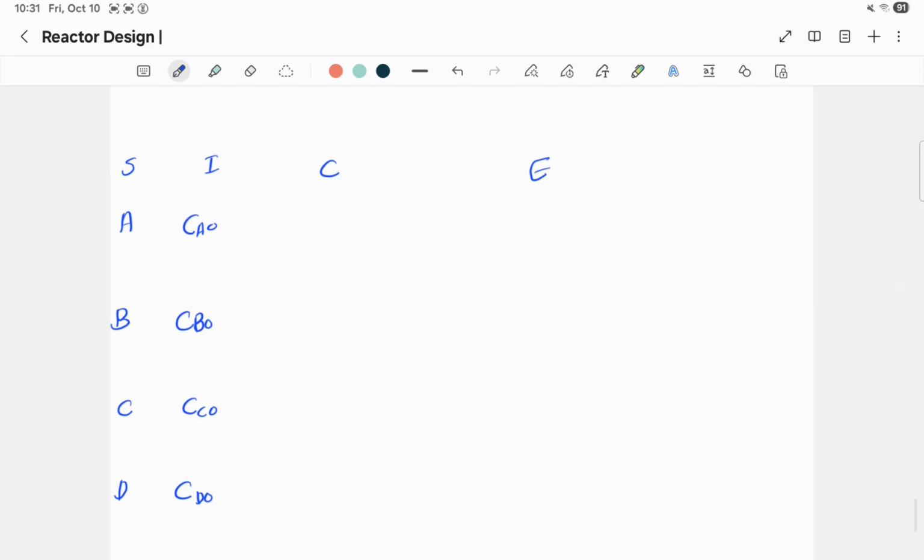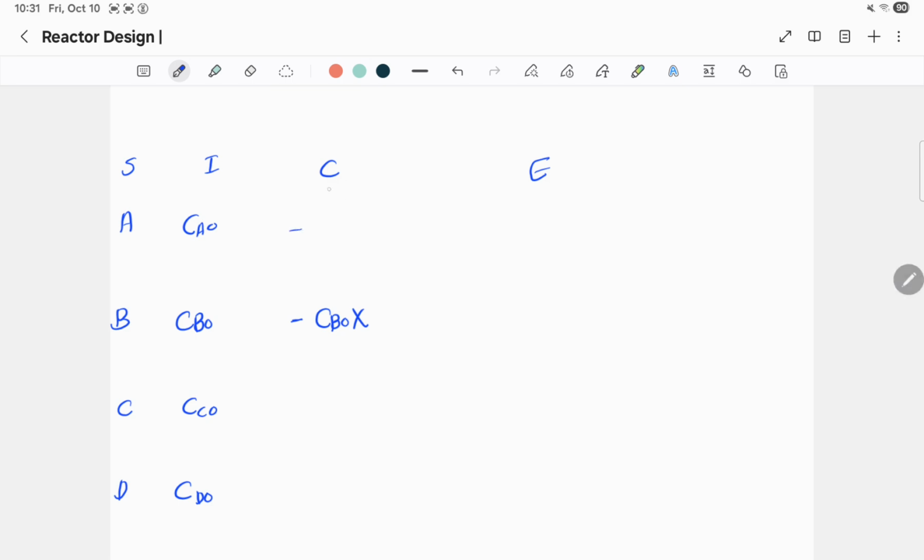They're being produced. How much is the change, or how much is being converted? We'll start with our limiting reactant, minus CB naught X. That's how much of the concentration of the limiting reactant has been consumed or converted.